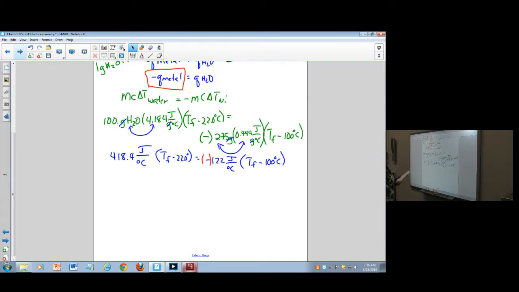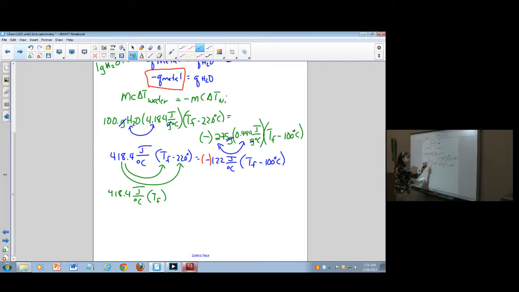Now I'm going to distribute some more. I'm going to distribute this to this, and likewise on the other side. That's going to give me 418.4 joules per degree Celsius times my final temperature, when I multiply these two, minus, now I'm going to multiply this times the 22 degrees, and that gives me minus 9,205 joules.